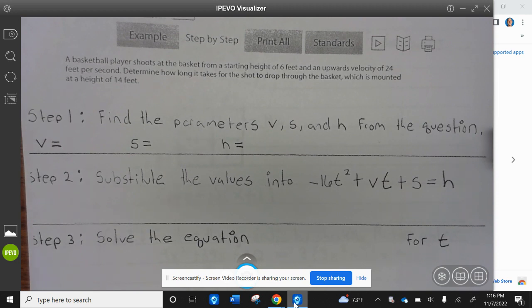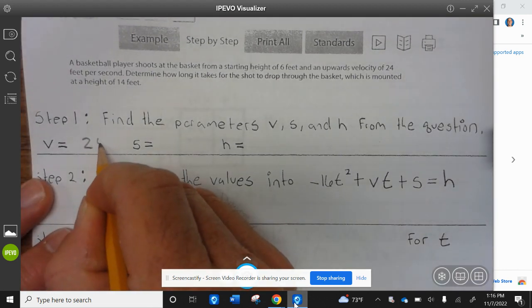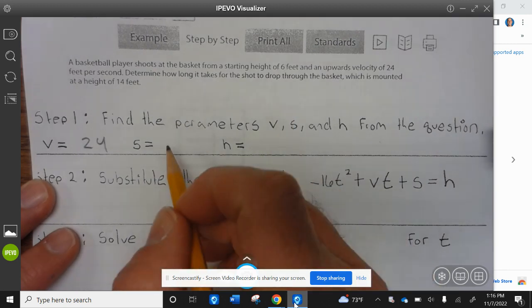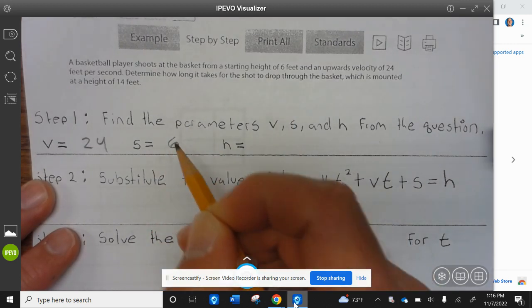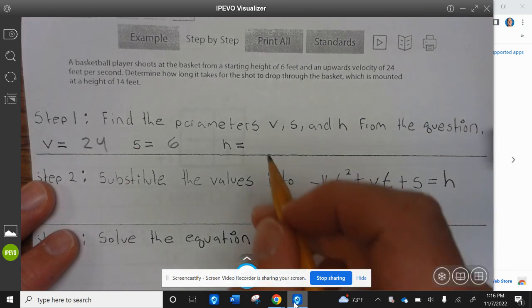Okay, so V is the initial velocity, which is 24. So S is 6, and height is 14.